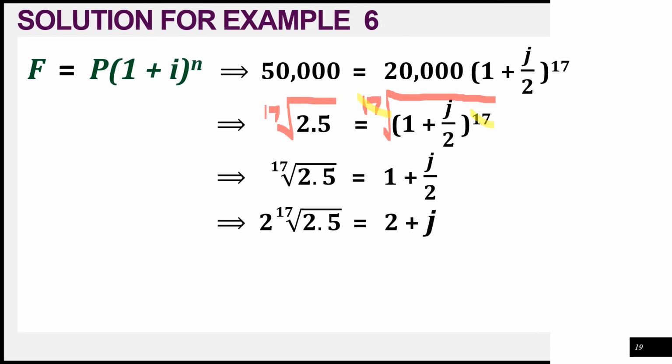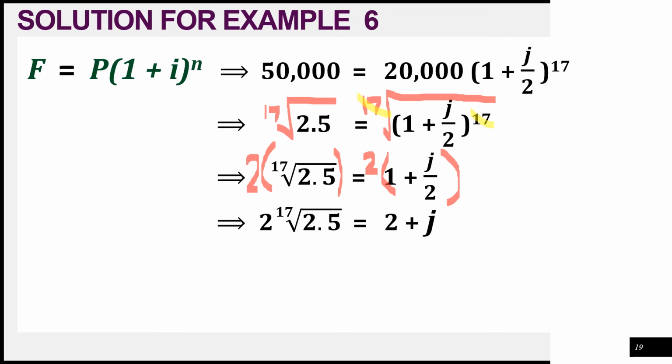We are going to multiply both sides of the equation by, of course, the number 2. We do it this way. Multiplying both sides of the equation by 2, we have here 2 times the 17th root of 2.5.